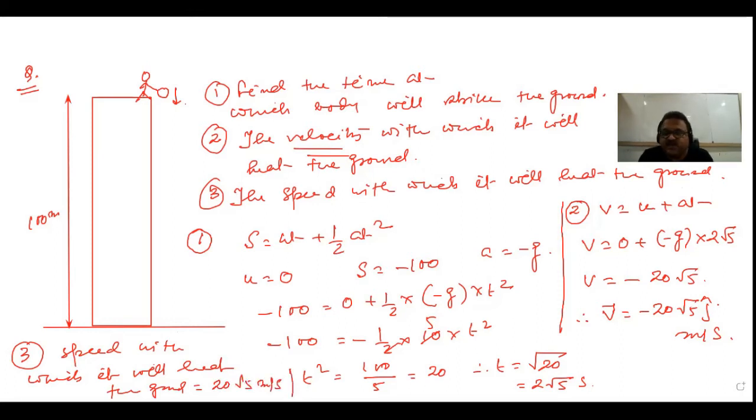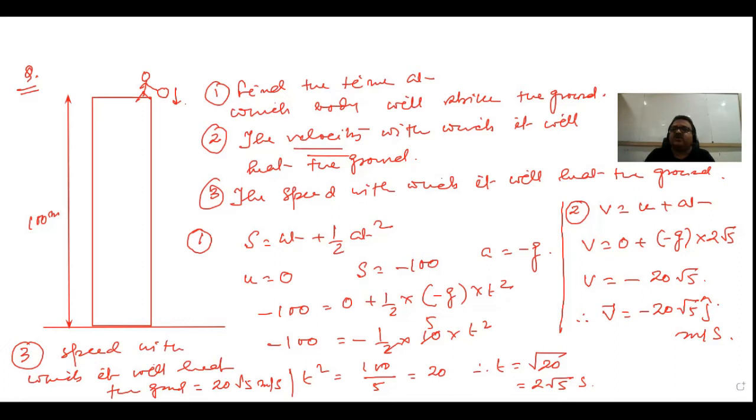Remember, you have to keep this in mind because in Advanced or Mains or NEET, sometimes they provide options in this way. They are asking if velocity is minus 20 root 5, clear? And speed is 20 root 5. So you have to choose the correct option. So be careful at the time of choosing the correct option, whether it is asking for velocity or speed. Be careful about that.